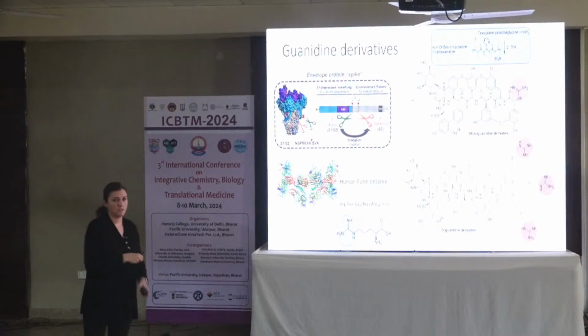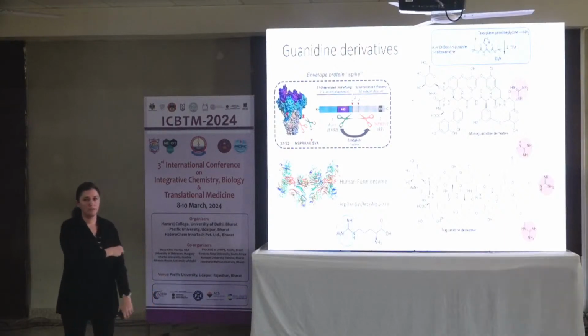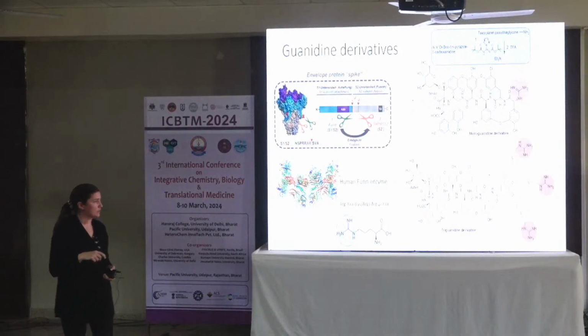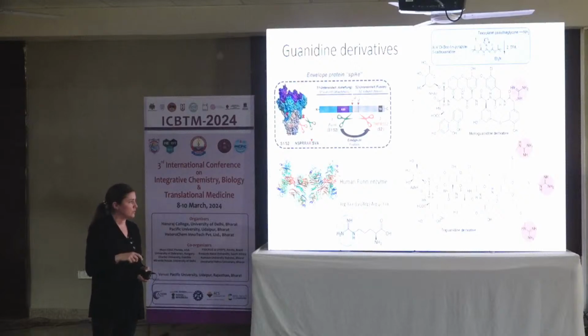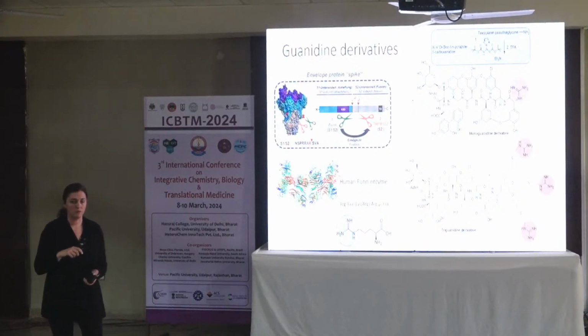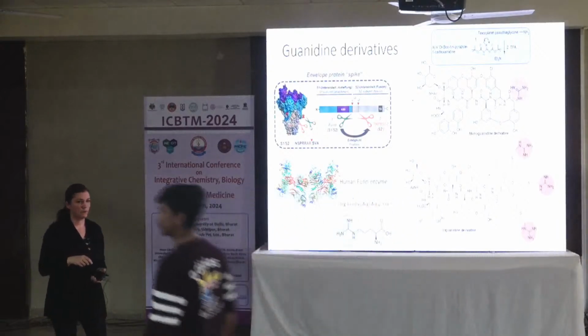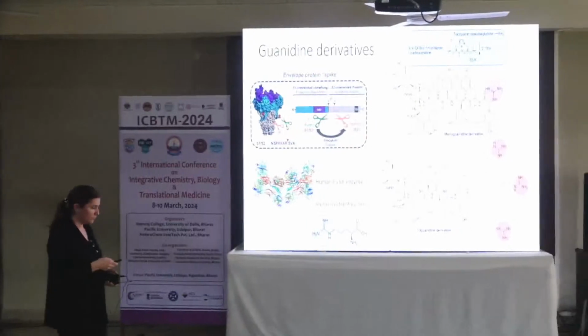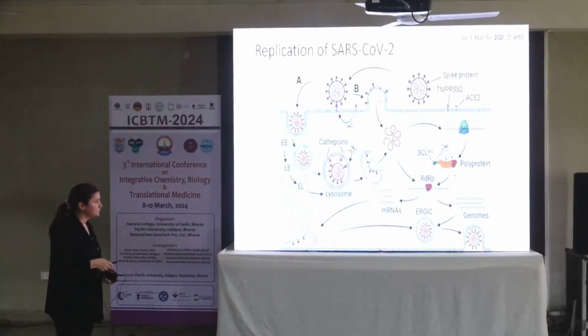Furin is a human enzyme which can activate the spike protein, and the furin enzyme can connect to an arginine-rich region, and arginine has a guanidino group. Therefore, we planned to prepare guanidino derivatives from teicoplanin pseudoaglycon to hinder the function of the furin enzyme.